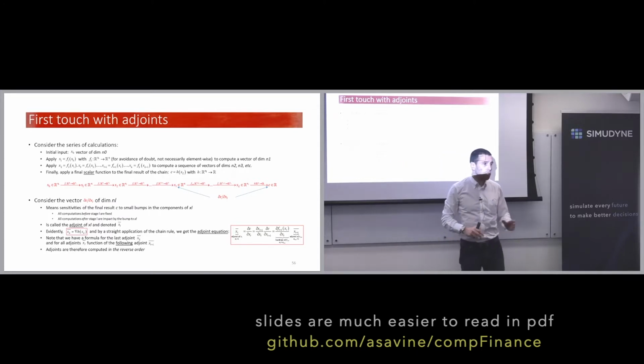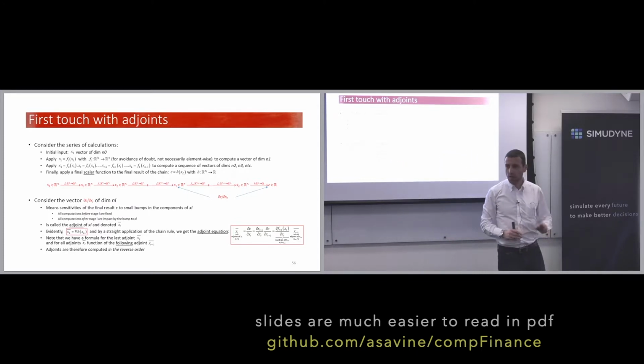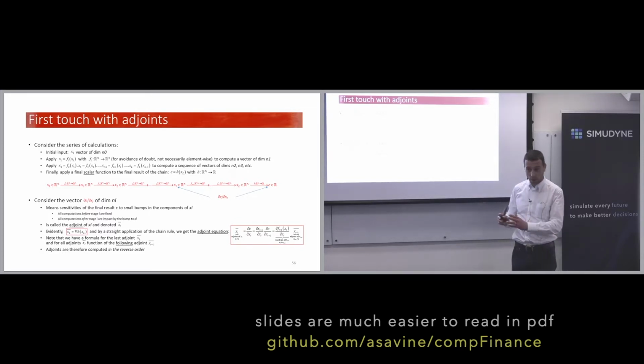So the adjoint of something, denoted something bar, is the derivative, the sensitivity of the final result of some given calculation to this something, right? Your adjoint is the sensitivity of the final result to you. That's how it works, right?